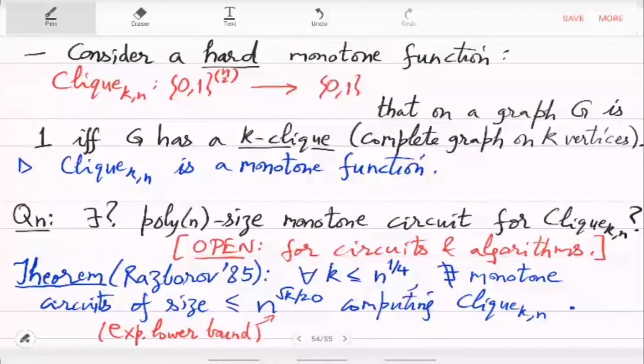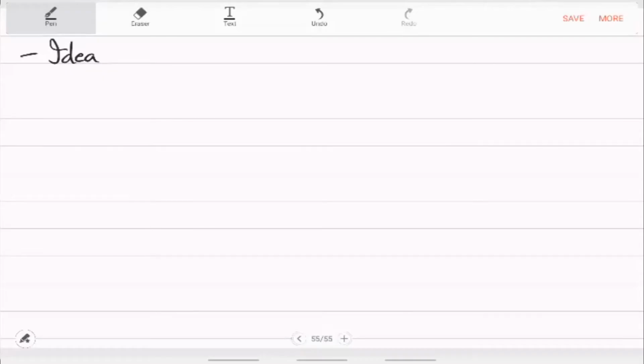Okay, and then the two things we have to match. We have to show that monotone circuit is a weak model, and we have to show that clique is a strong model, and then we have to compare the parameters of the two. So what is that parameter, or what is that potential function that will give you a separation?